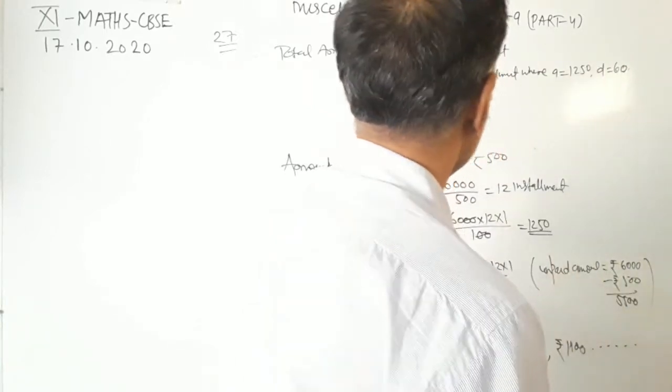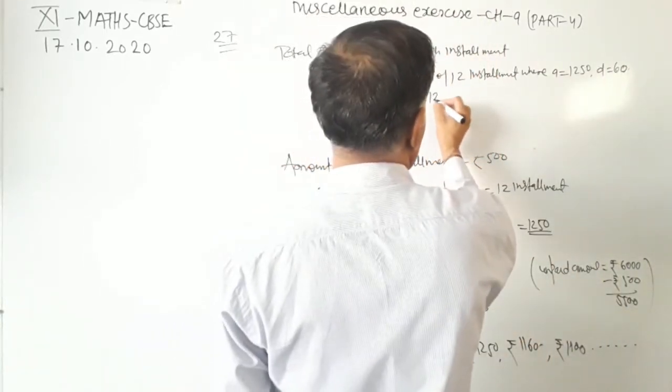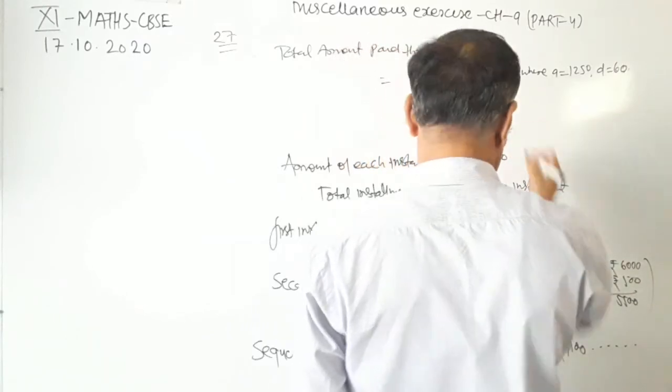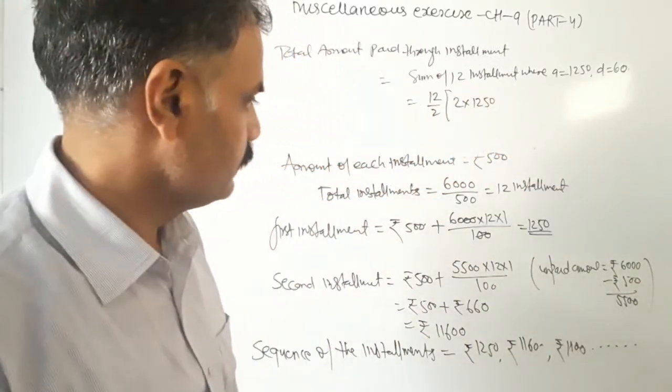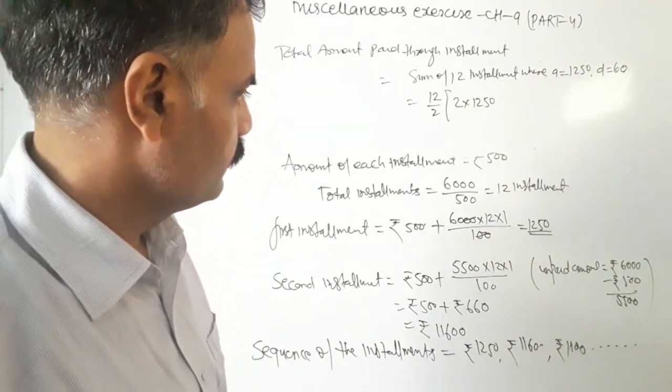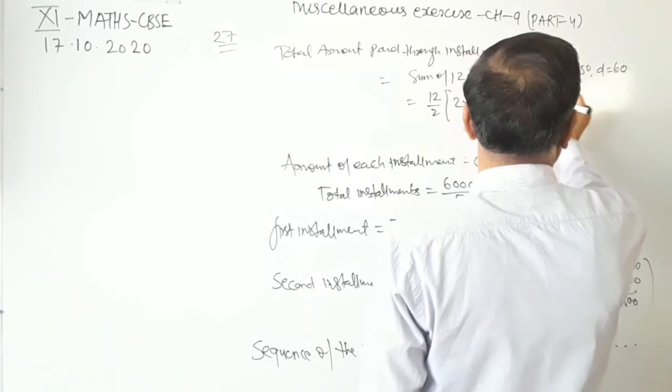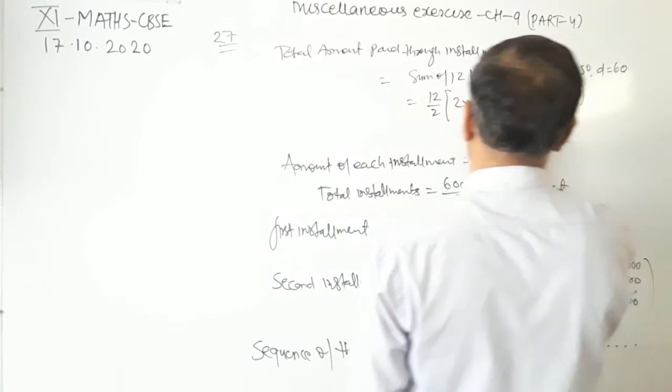So this is equals to 12 by 2 into 2 times 1250 plus 12 minus 1 into minus 60.